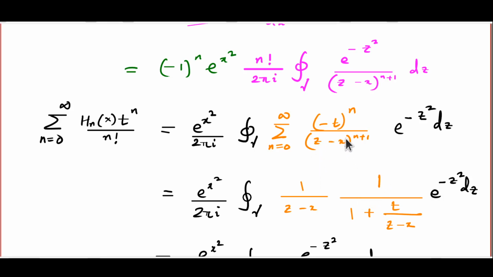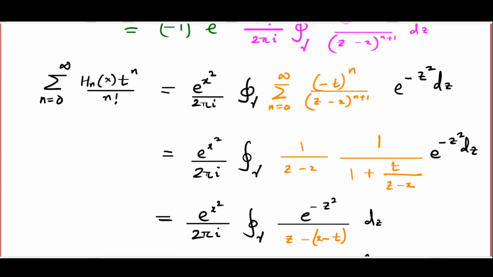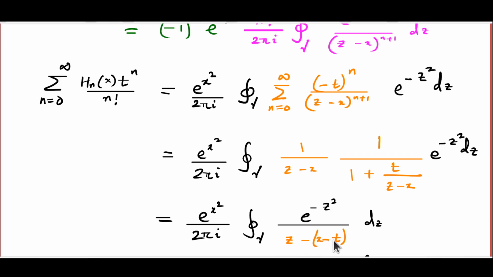And the common ratio here is minus t by z minus x, so you just use that. A divided by 1 minus r, that's the formula we have used here. Of course, all the rest of the factors are just as they were. But now this sum is very, very simple. We have already carried out the sum. You can simplify it a bit further and write this as z minus x minus t.